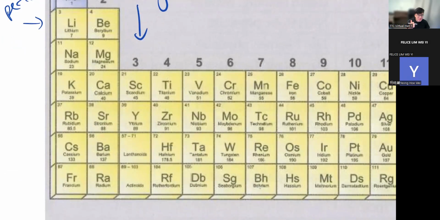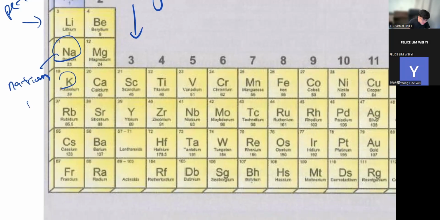Our days of the week, Monday to Sunday, are named based on what the Roman Empire did. So this is the same thing. Sodium, in Latin, they call it natrium, so they just use Na. K is potassium because the original name for K is kalium.